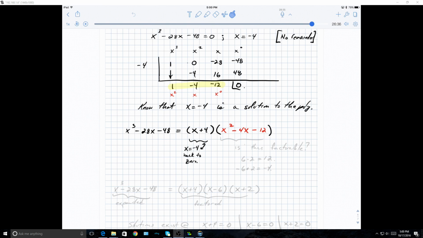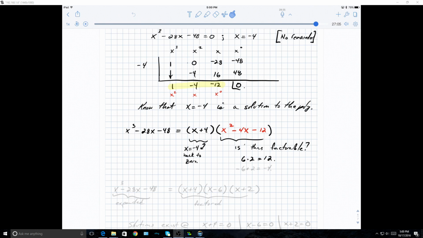And now it says to completely factor this. So now we have to ask ourselves, is this factorable? Are there factors of 12 that will combine to 4? Yes, there are. There is 6 and 2, right? Because 6 times 2 will give us 12, and one of them has to be negative.